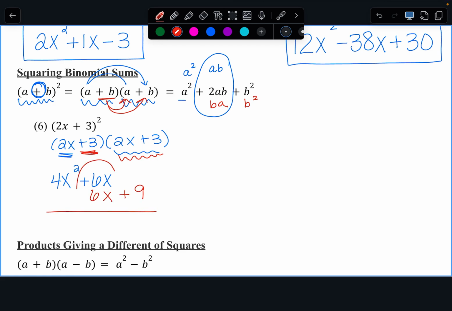What you'll notice is that there's 2 of the exact same thing. So that's how we get 4x squared plus 12x plus 9. Okay?